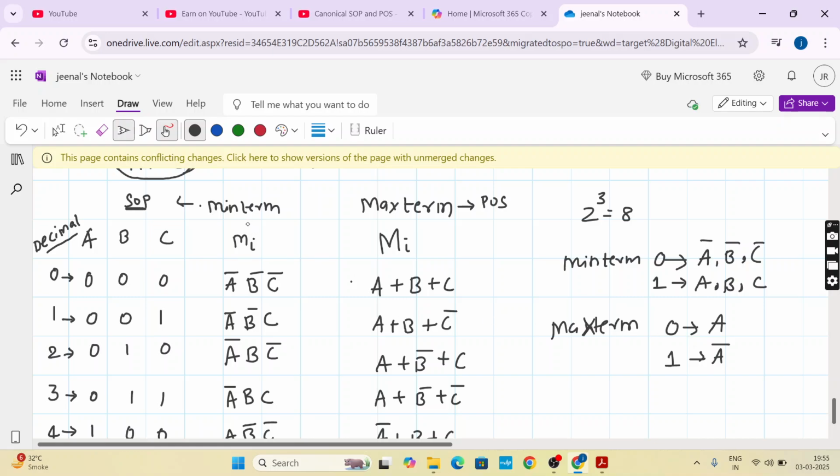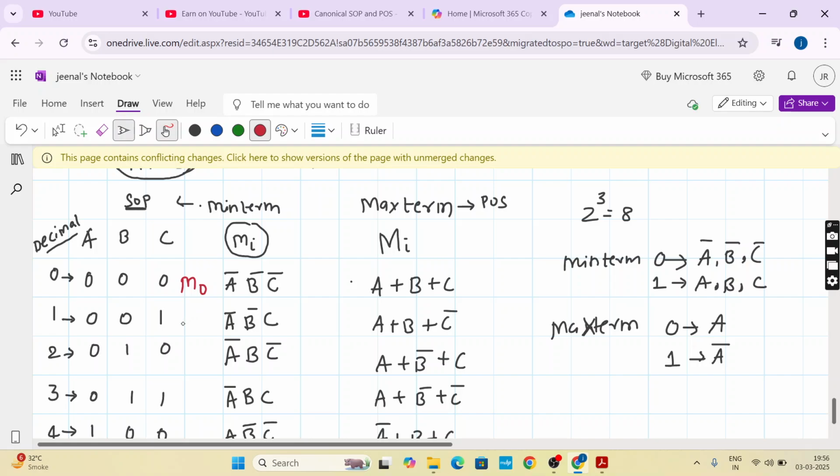A minterm is represented by small m suffix i, where m is nothing but the number for which the minterm is present, and suffix i gives its decimal equivalent. So for the first case, I have small m suffix 0, because this is decimal 0.